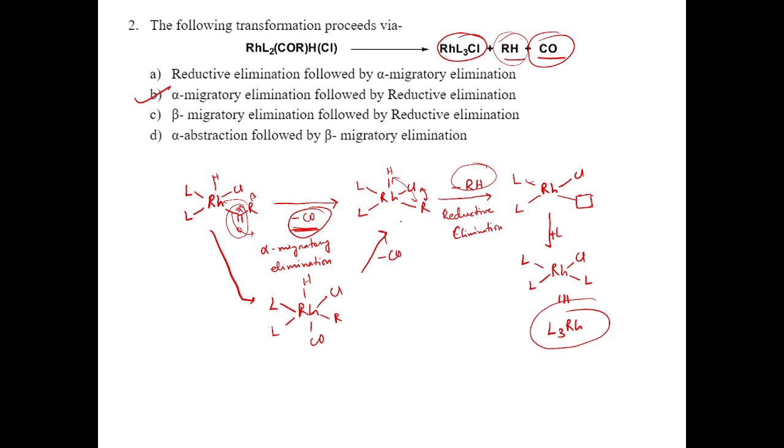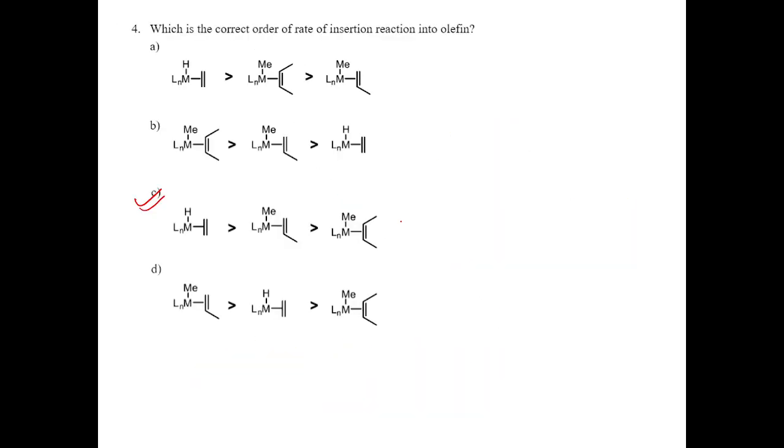Okay, so if you do the alpha elimination or beta elimination reaction, then if it is a d0 complex, there is no chance that the oxidation state of the metal center will increase. That means the electron in the outer shell of the metal would have to go out, right?